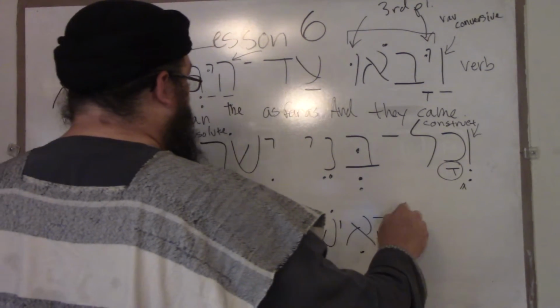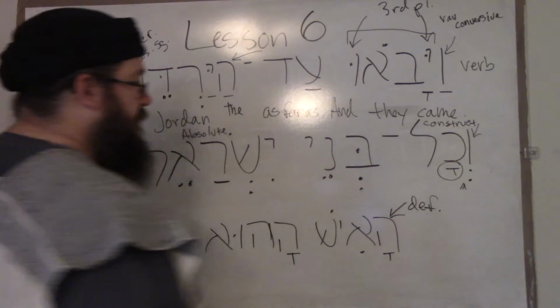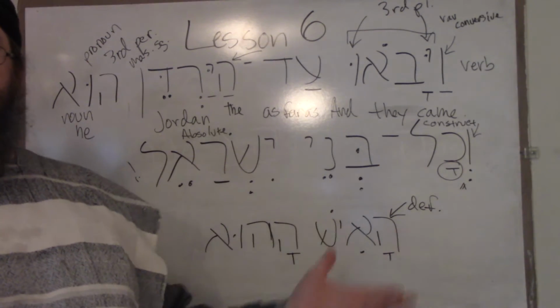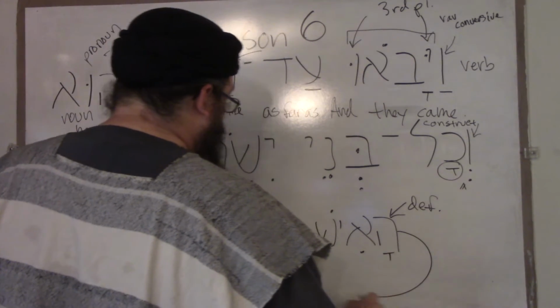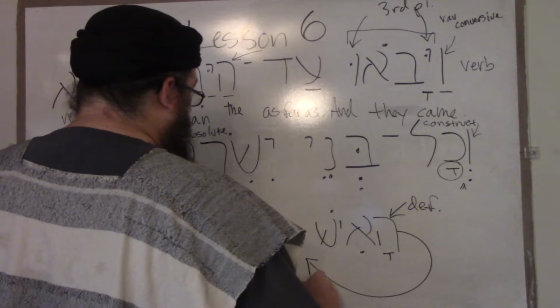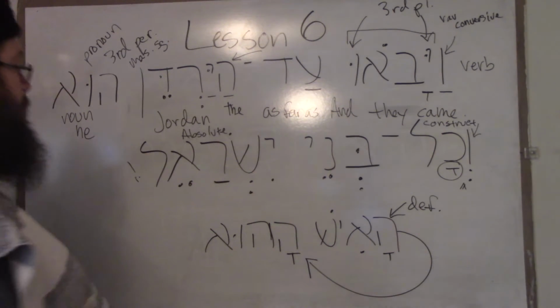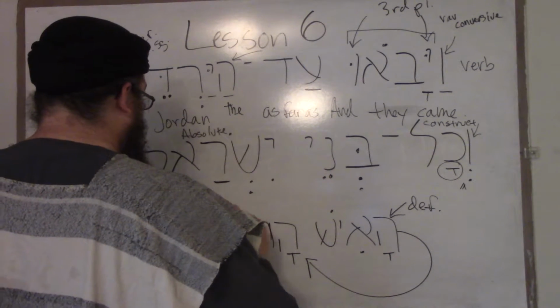Ha'ish is making this noun definite. Okay? So I know that this is referring to a specific person. But we're going to reject this and first go to here. This is my demonstrative pronoun.